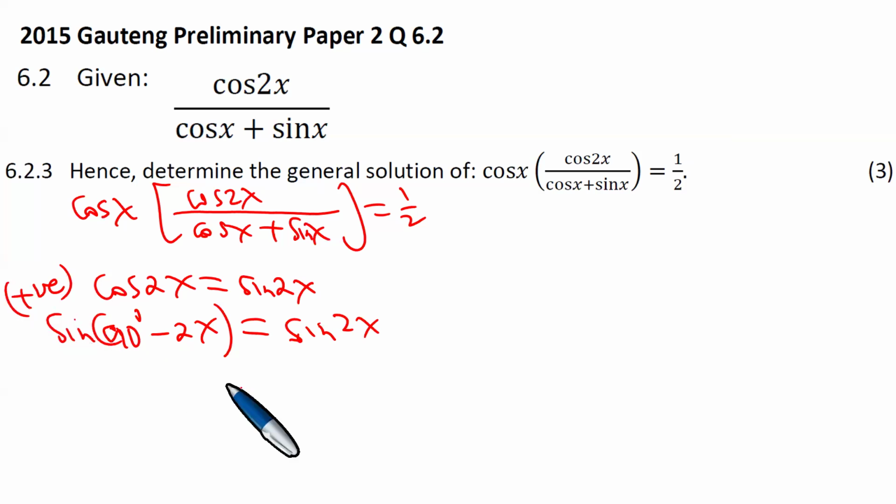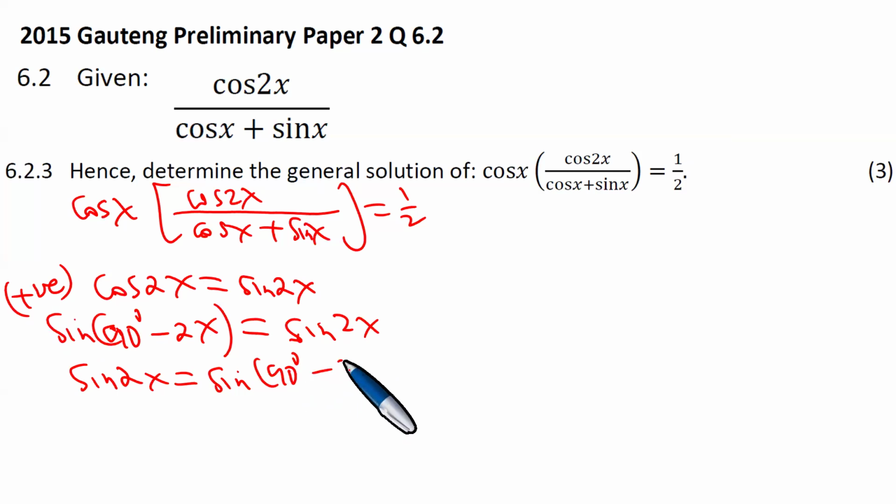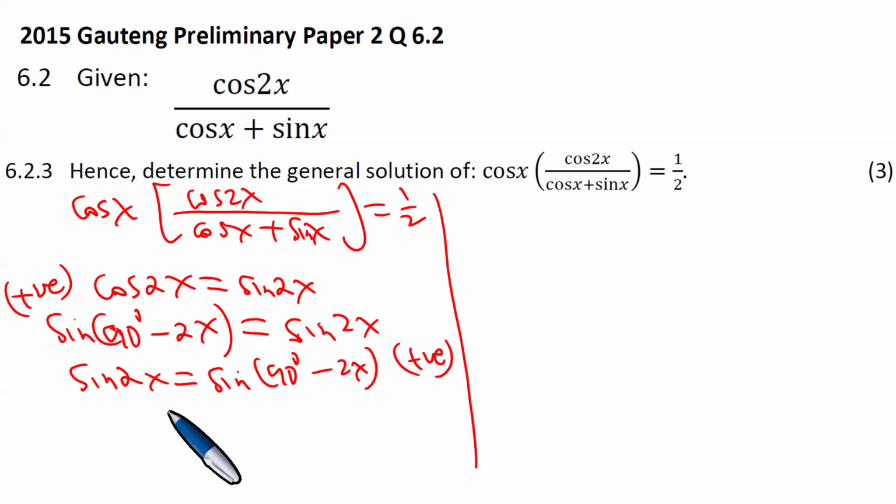Why is this important? Because it tells us that the sine of 2x is equal to a positive number. Now we can even write this as sine 2x equals the sine of 90 degrees minus 2x. It is telling us that the sine equals something positive.